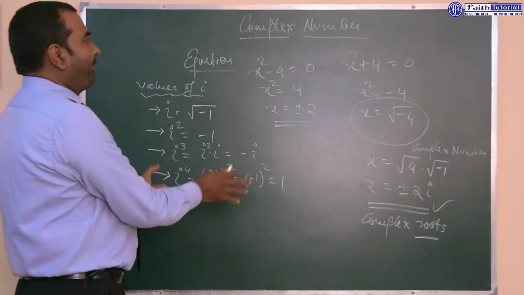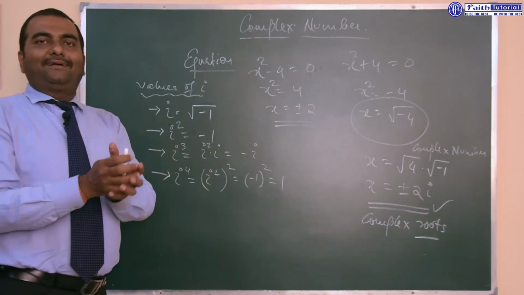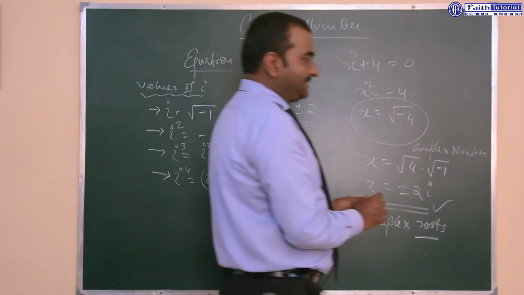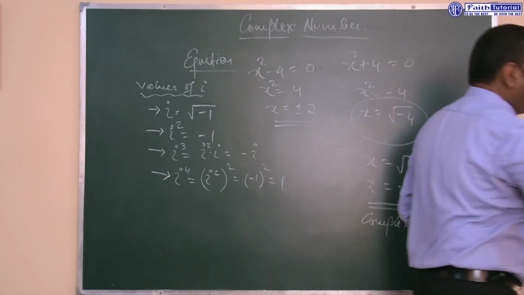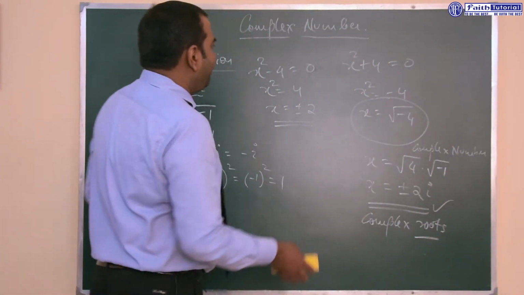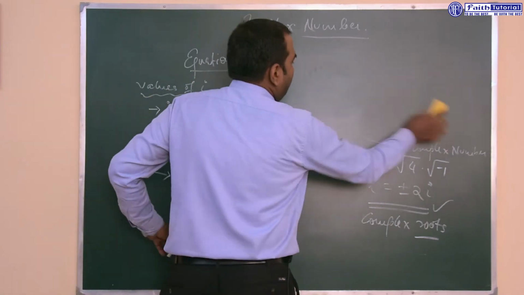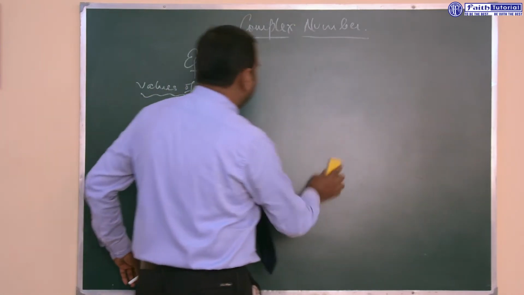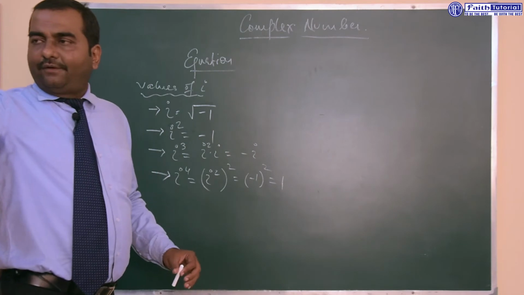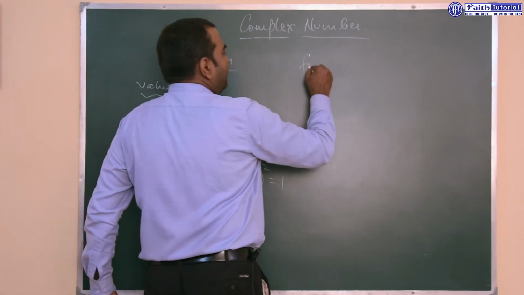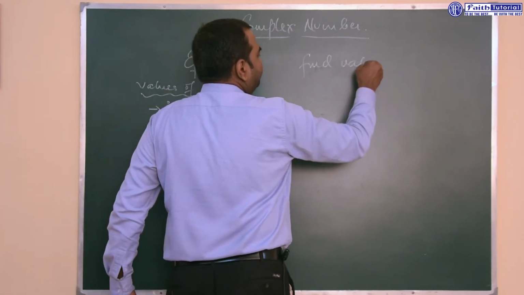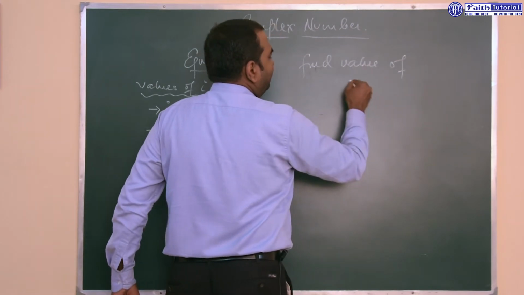Now, to begin with the problems, to begin with the different questions related to complex numbers, at the beginning level, we have sums like, we have to find the values of, say, i to the power of 39.